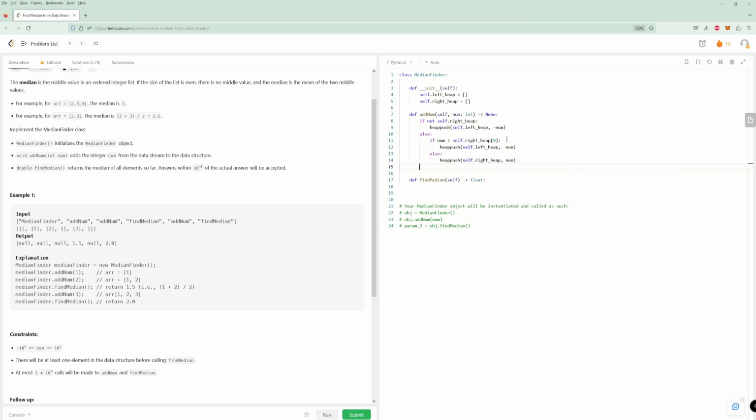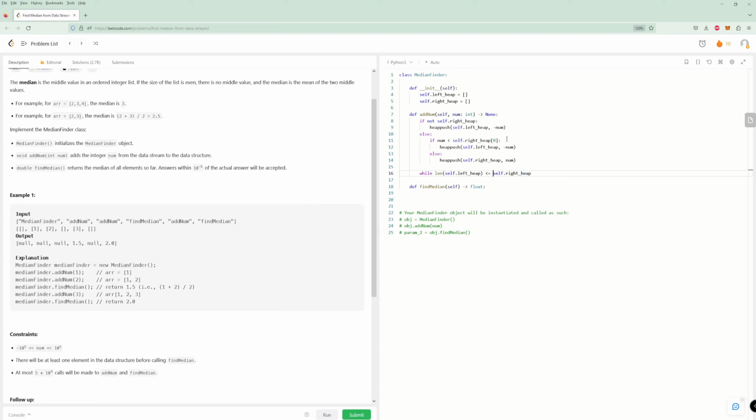Okay, so now that we pushed our numbers, what we need to do is restructure, remember? So we're going to say while length self.left heap, let's restructure this first, is less than or equal to, is less than or equal to self.right heap.